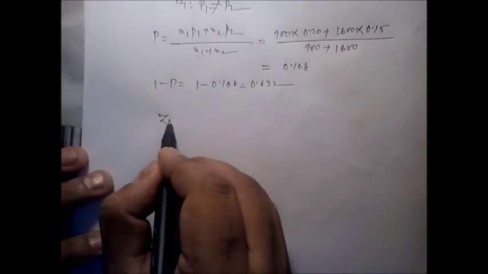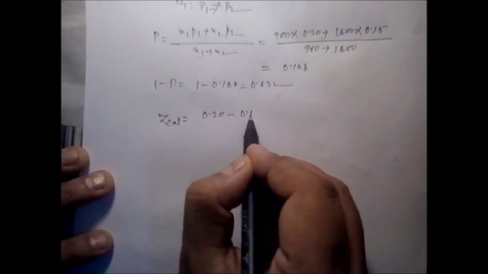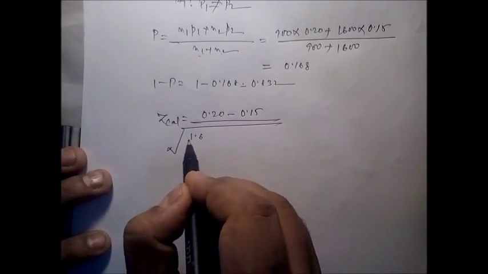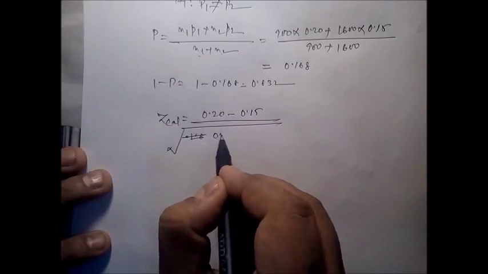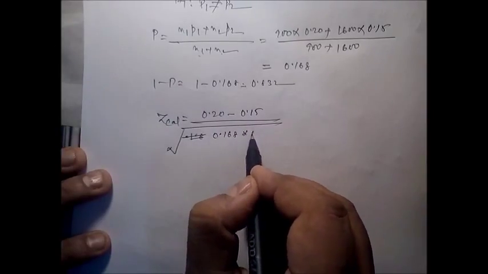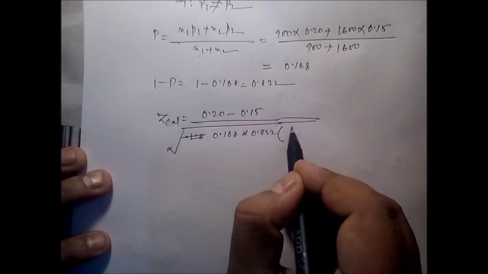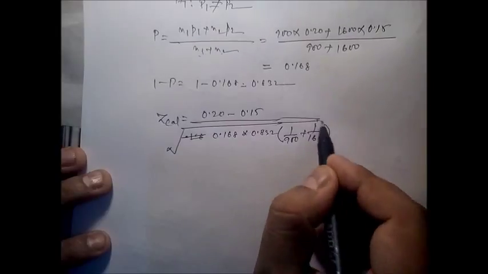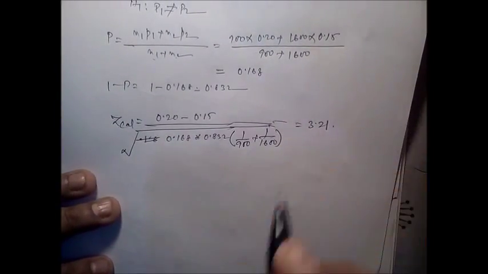Now under H0, the test statistic is what? 0.20 minus 0.15, divided by the square root of 0.168 into 0.832, times 1 by 900 plus 1 by 600, and the value is 3.21.